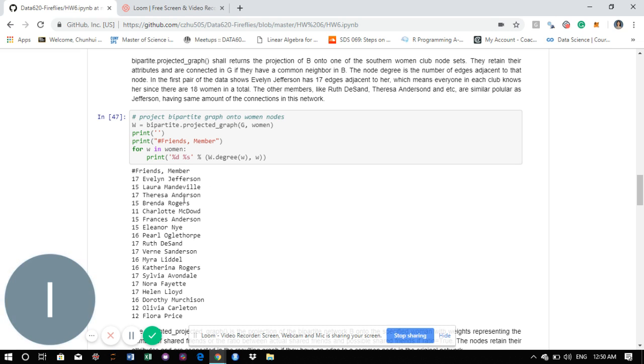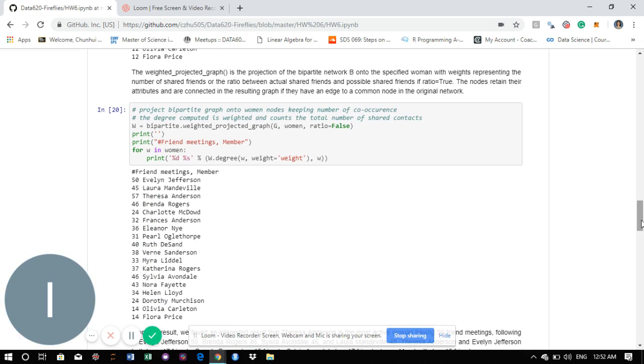The same as Teresa, Ruth, Renee, and the others as well, 17. Oliver and Flora have fewer friends than the others; they only have a connection with 12 women.